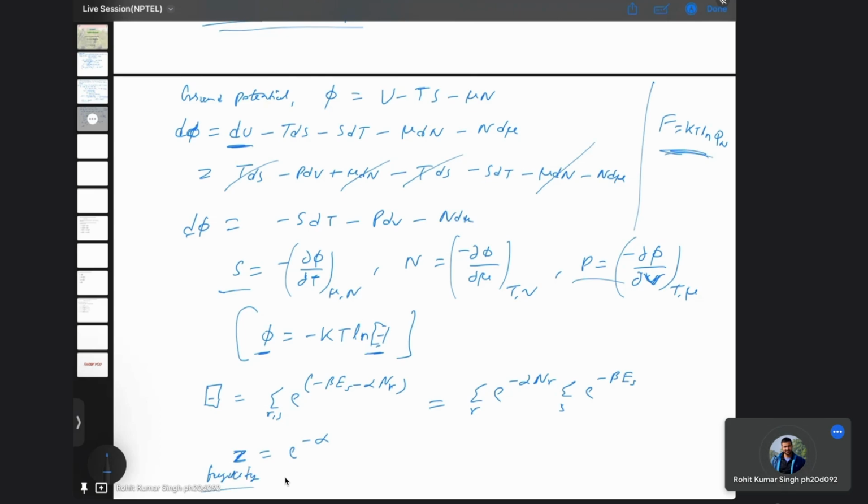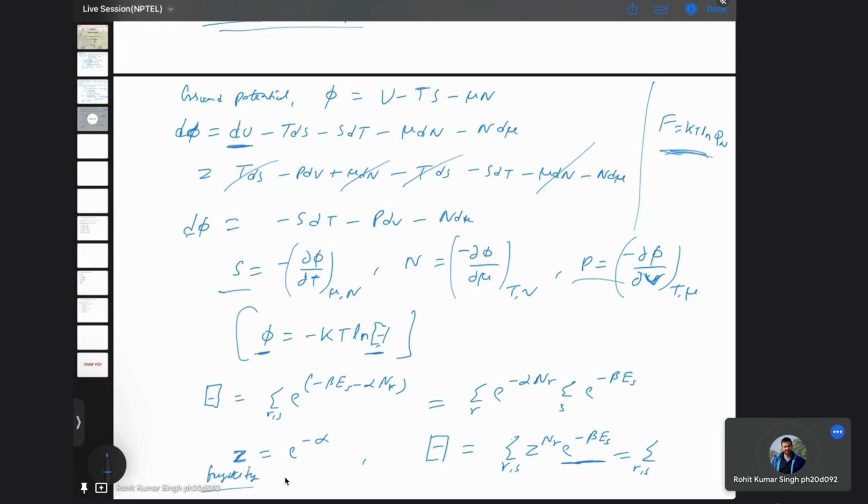Okay, if you define this quantity, then your partition function can be simply given as z to the power nr, so the double sum can be simply written like this. And now you notice this is just the canonical partition function, right?